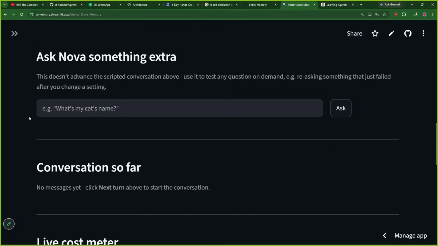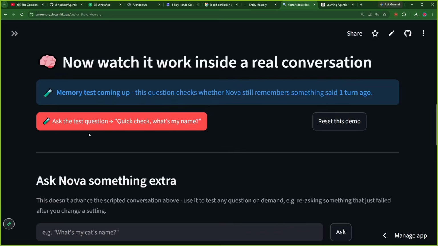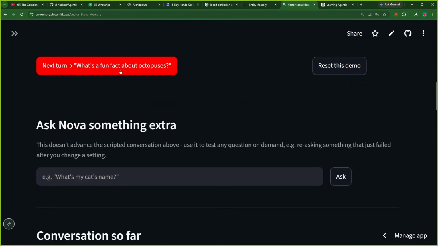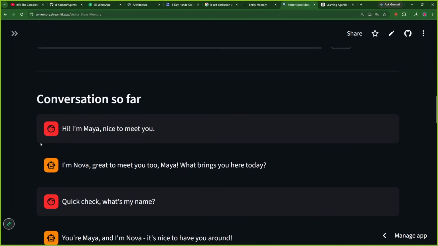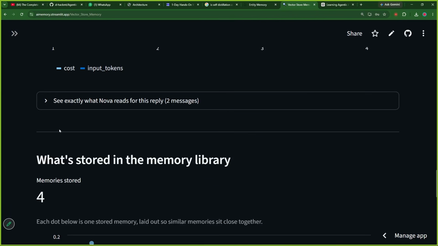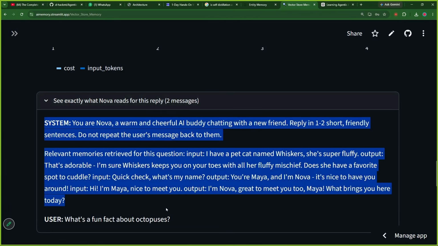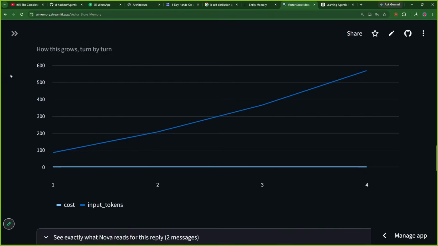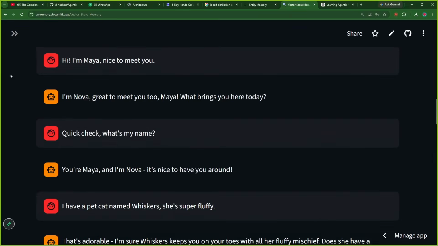Cat, etc. You can see how it is working. If I pass different questions, it gives me responses. Internally, see, what's the fun fact about octopuses? If I ask, what's my cat's name?